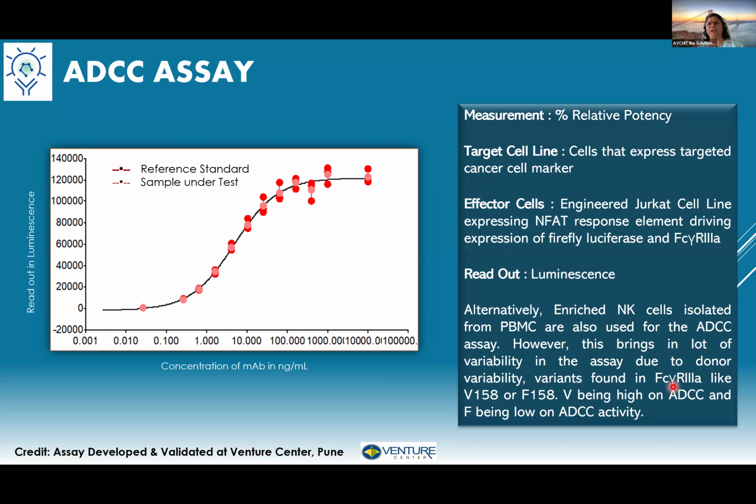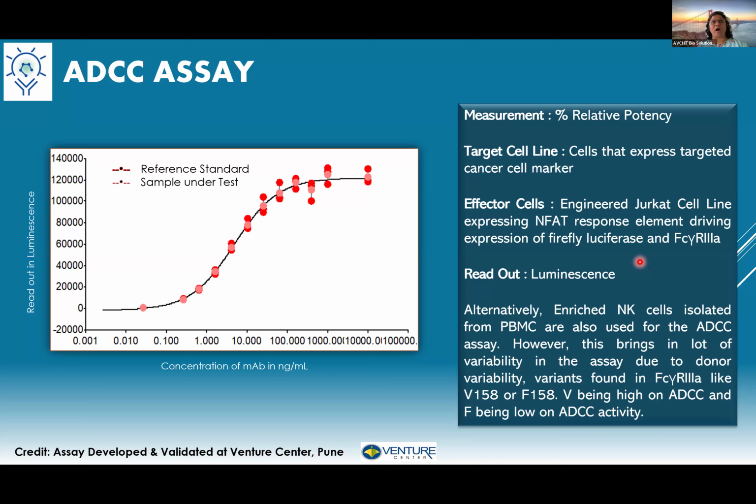Therefore, depending upon the variants present in the donor, we would expect a lot of variation in this particular assay. So these days, assays with fewer variations are more easily taken up. Genetically modified cell lines are being used more and more to avoid any inherent variation in the assay.